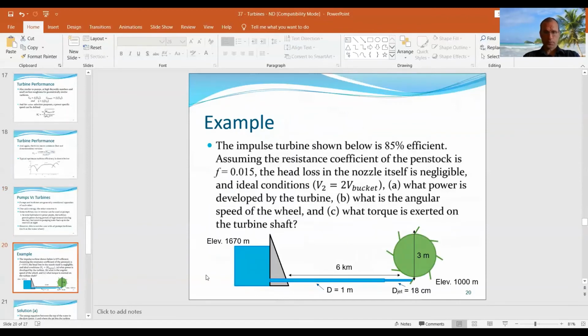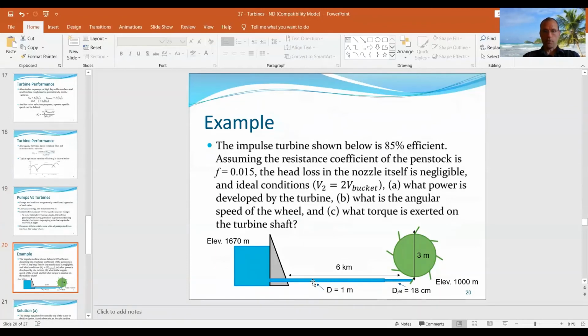So for an example, an impulse turbine is shown below, basically just a water wheel. This guy's 85% efficient, so in terms of the shaft that it's attached to, I can get 85% of that power out of it. Assuming the resistance of the penstock, this pipe down here, has a friction factor of 0.015. Head loss in the nozzle, so again I have a nozzle out here.